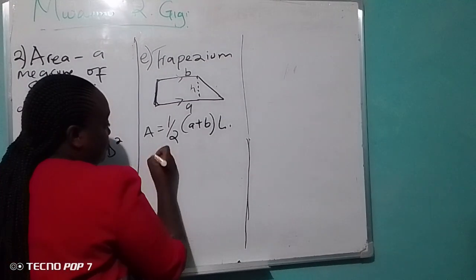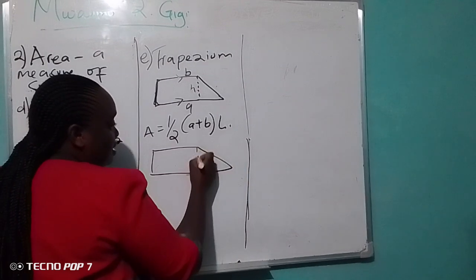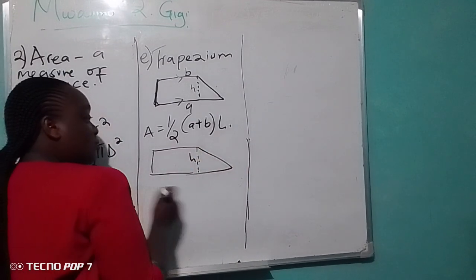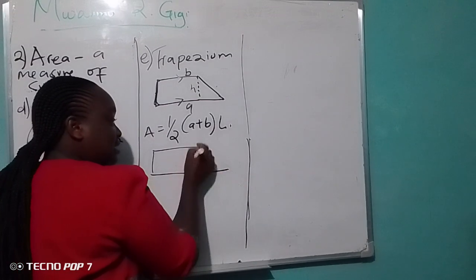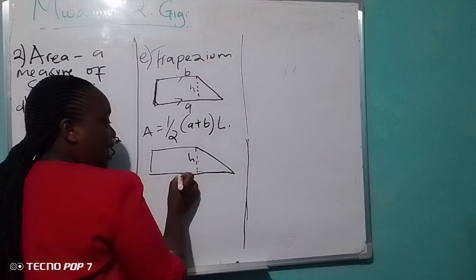So, if for example, we've been given that. Tumesema ni slanting height, hii ndio height tunatumia. Usitumie hii the slanting height, utumie the perpendicular height.